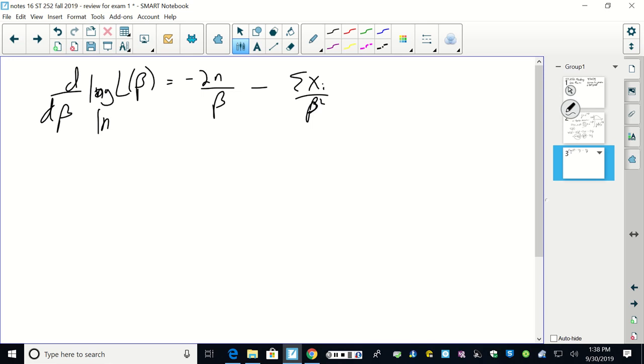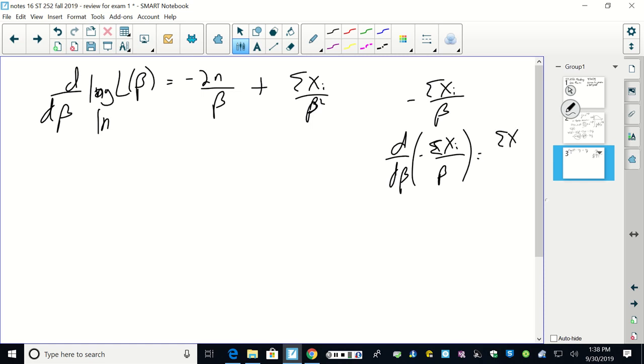Negative 2n, and then this is a plus actually, because there was a sum of xi over beta. I'm taking the derivative of that with respect to beta. Since it's beta to the -1, you get a negative, over there it becomes positive, and then there's a beta squared.